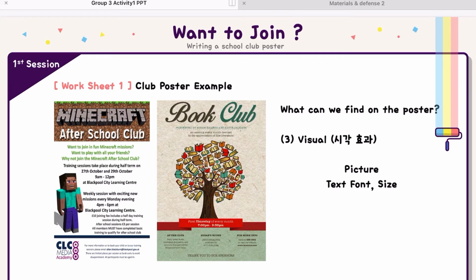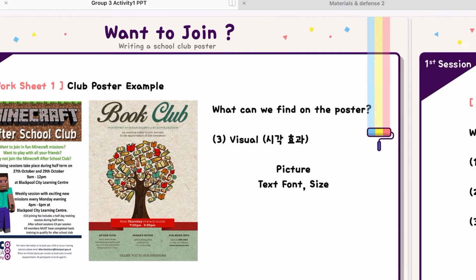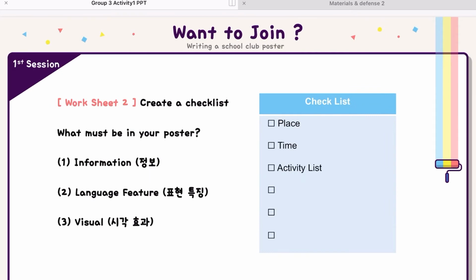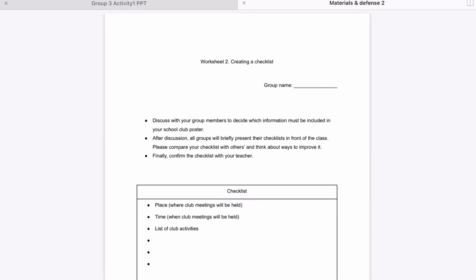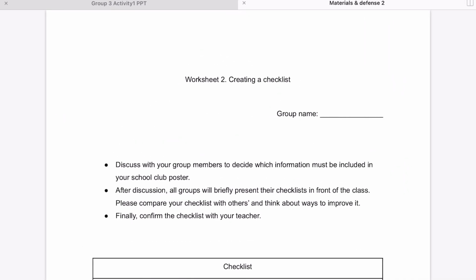Guys, thank you for your ideas. Then, could you turn your page to number 3? There is a checklist for your poster to check if there's any information missing after you finish making your poster. So we are going to complete these checklists all together now, and we'll be using it to check your poster as well.